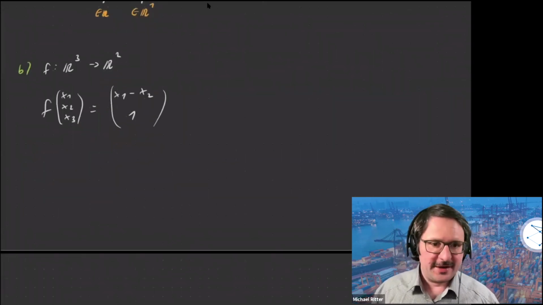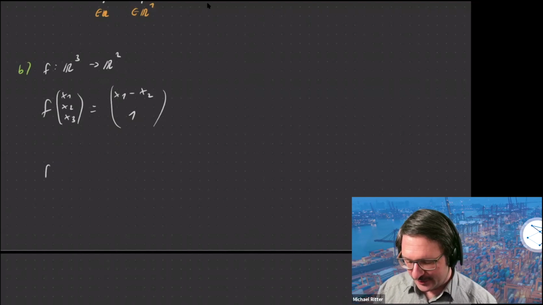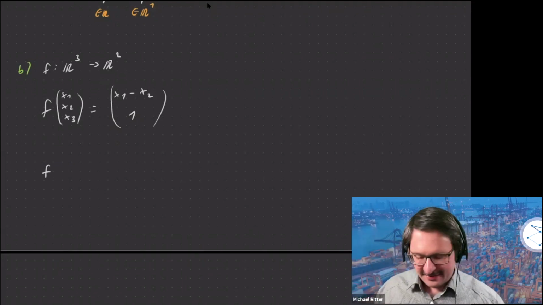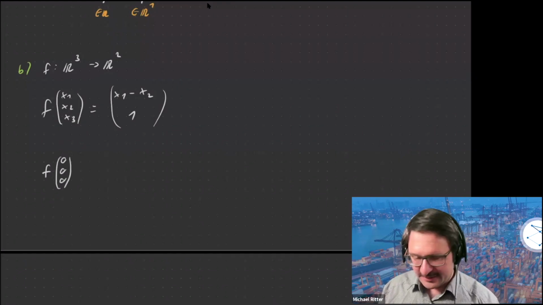Now in this specific case, it's very easy to see that this is not a linear function. The one thing I would always do first, if I have a function, at least quickly in my mind, is try to substitute the vector 0, 0, 0, the all-zeros vector, and see what the result is.